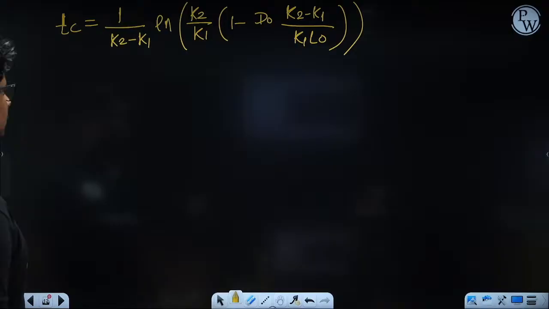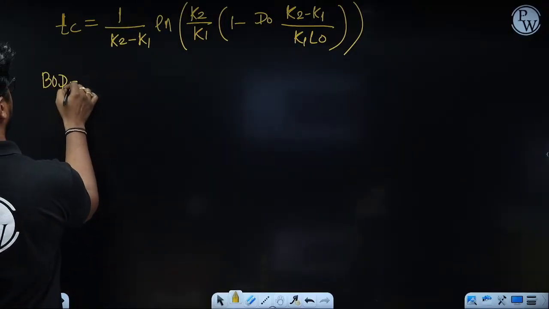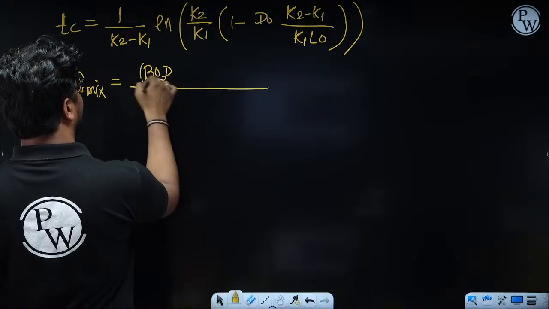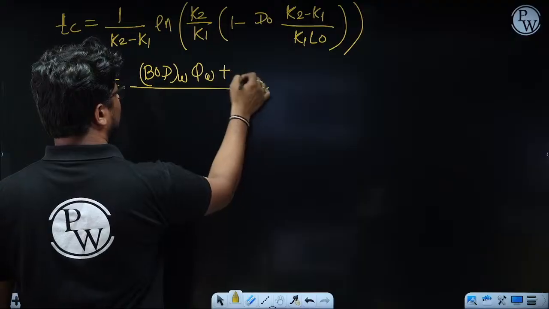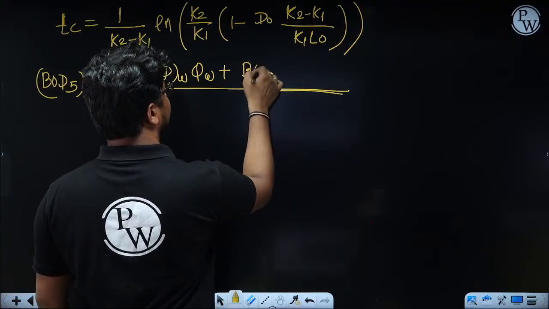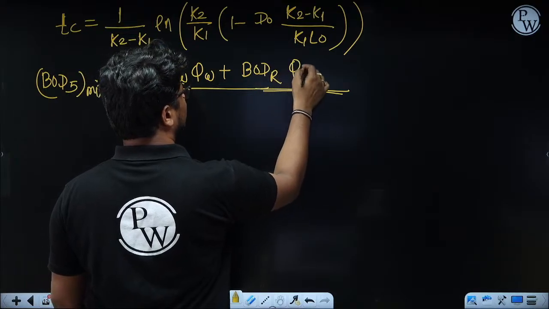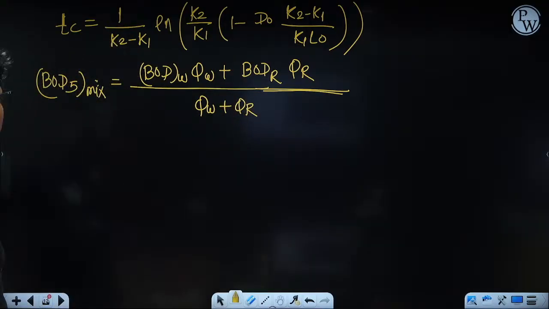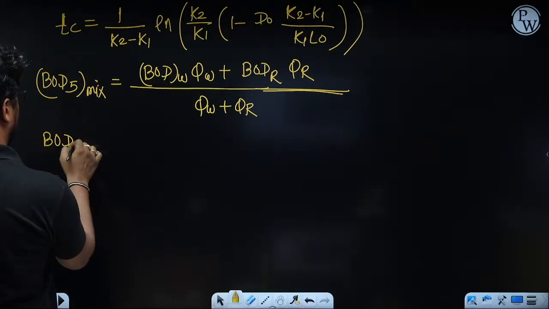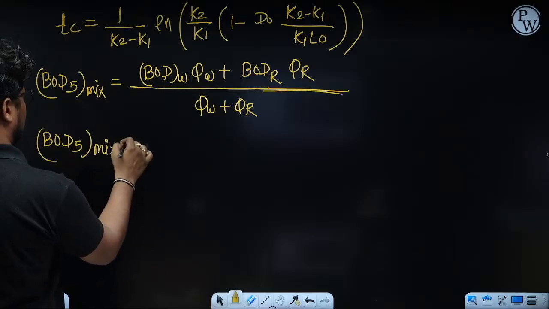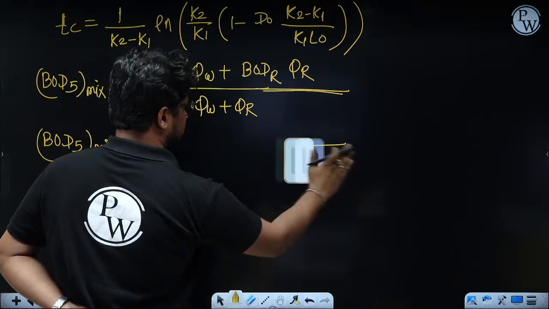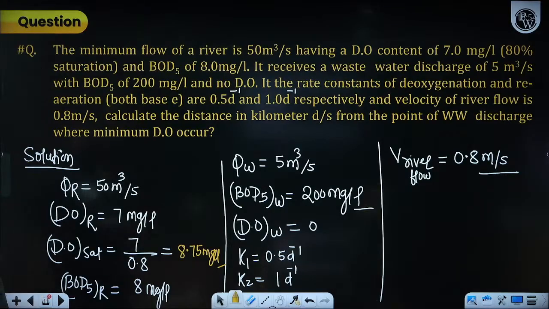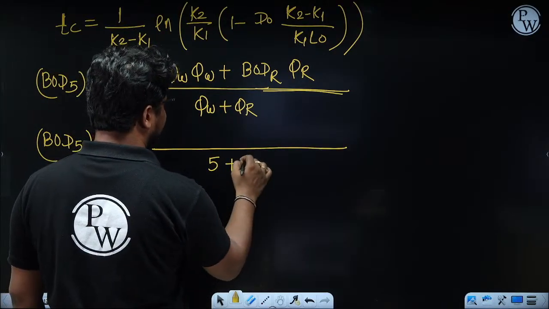Okay. Now, I need BOD5 mix. It will be equal to BOD for wastewater into QW plus BOD for river water into QR, divided by QW plus QR. QW plus QR will be 5 plus 50.